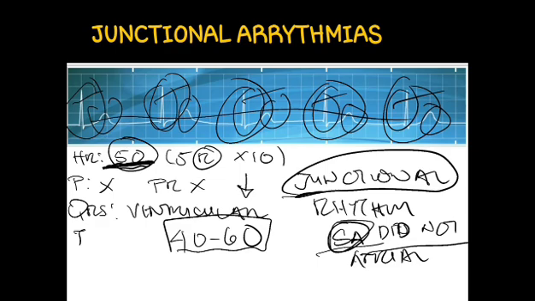So for any treatment, you need to treat the underlying cause of this rhythm so that it may subside, or there will be treatment if the patient is experiencing signs and symptoms. So you just need to manage it palliatively.